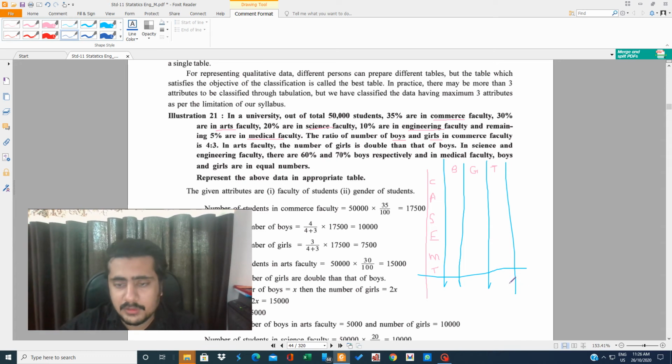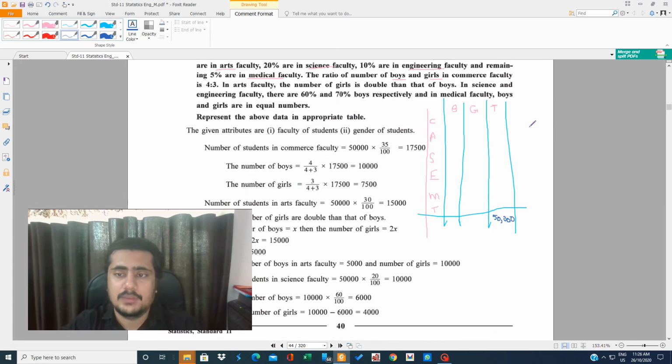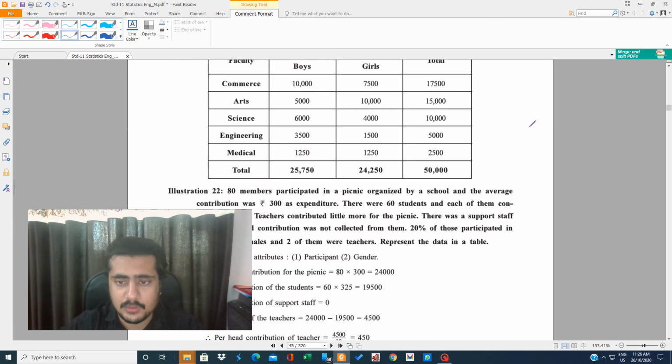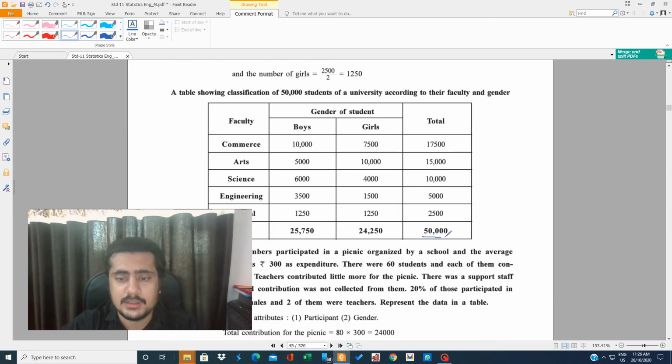Now total 50,000 students are there in the university. 35% are in commerce faculty. So now we will be seeing the answer. Total 50,000 students are there, and 35% are in the commerce faculty.